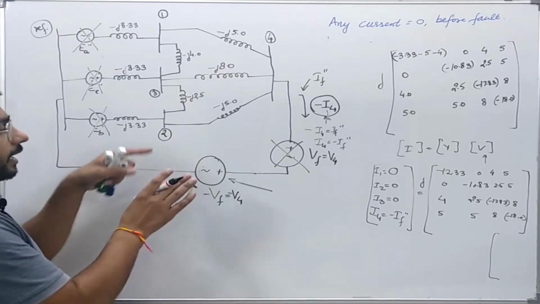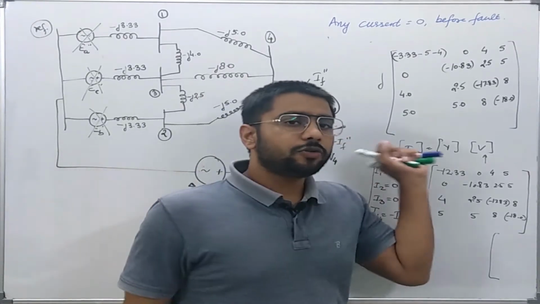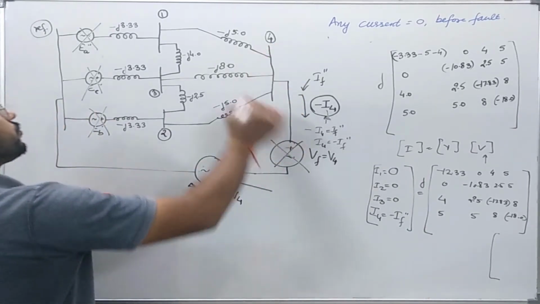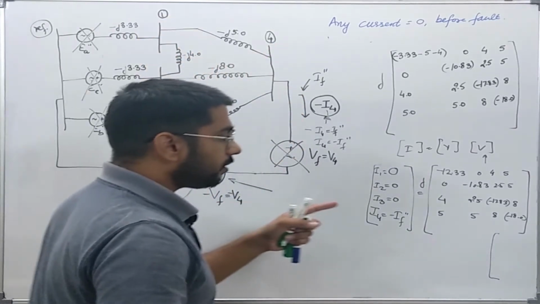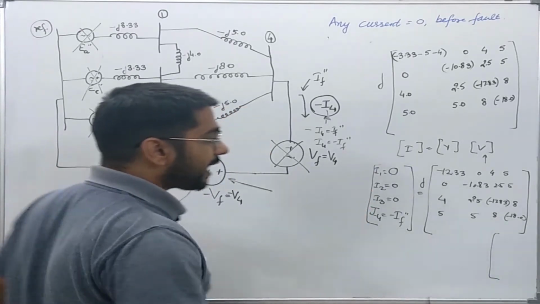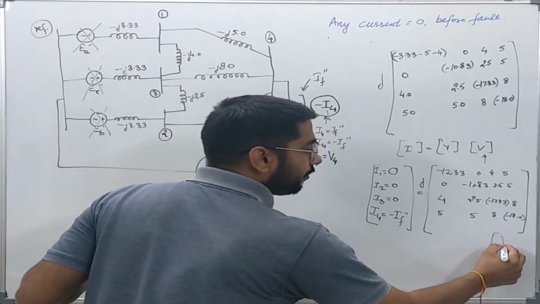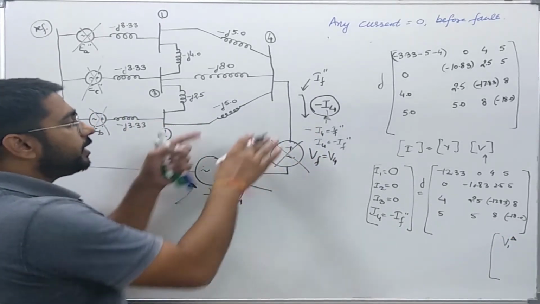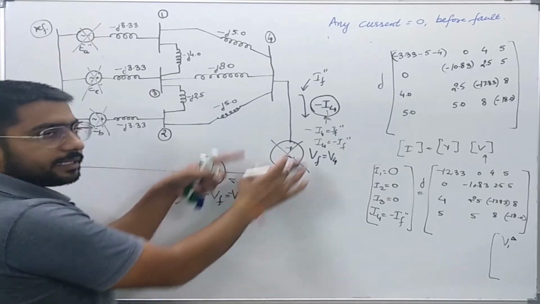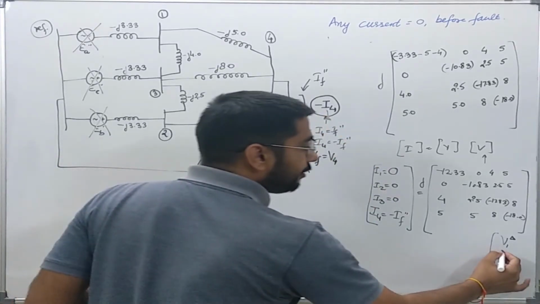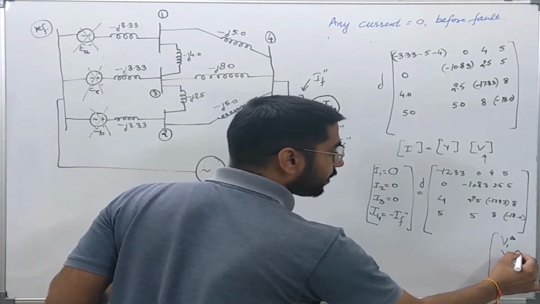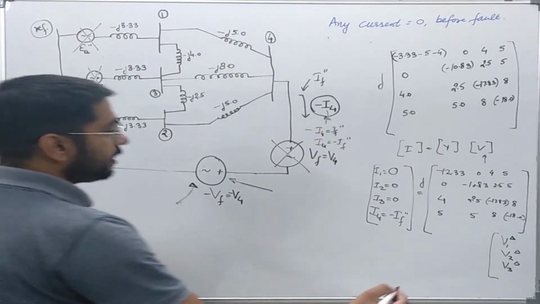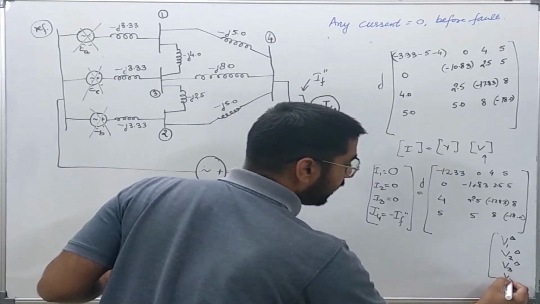That is, it is going to show the contribution of this voltage source to the various bus voltages. So I will write V1 delta, that is the change in voltage because of the current induced by this voltage source in the system. Similarly V2 delta, V3 delta and V4 delta.